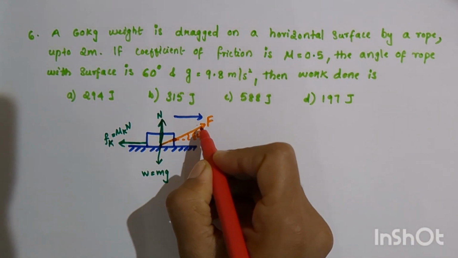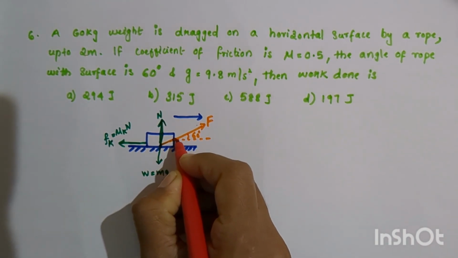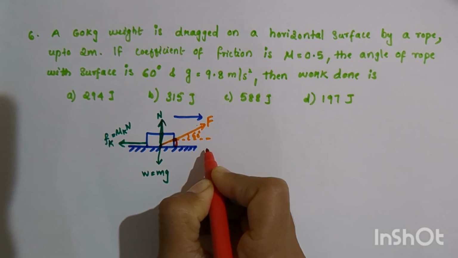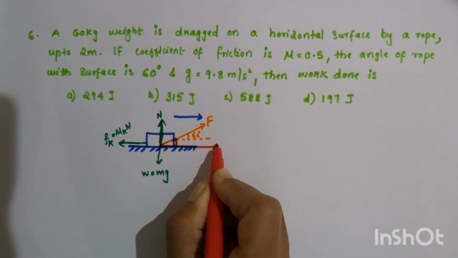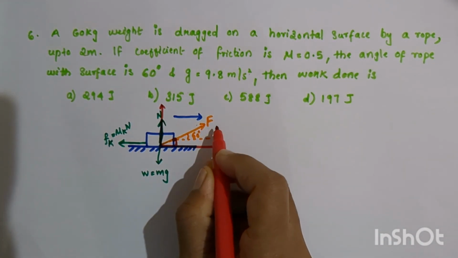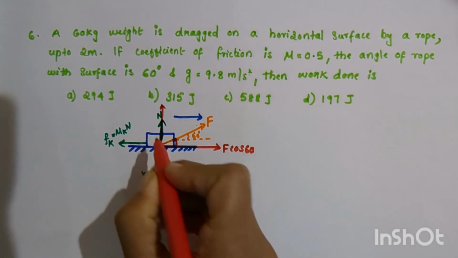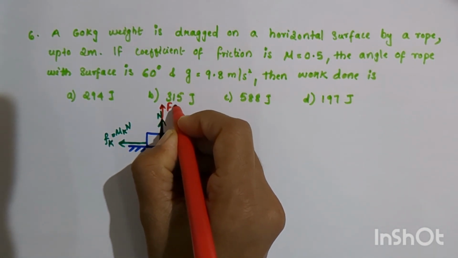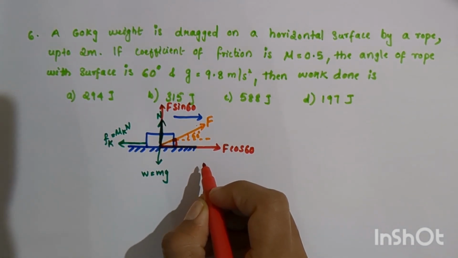Now you see, I just extended this force to this point, and this force makes an angle of 60 degree with the horizontal surface. This force can be resolved into two components. One is along the x direction, another one is along the y direction. The component of force along x will be F cos 60 and the component along the y direction will be F sin 60. F cos theta, F sin theta.